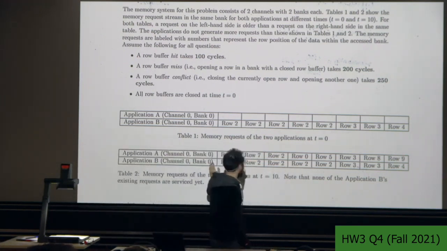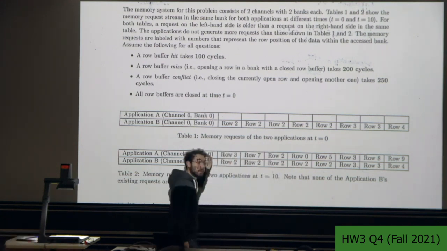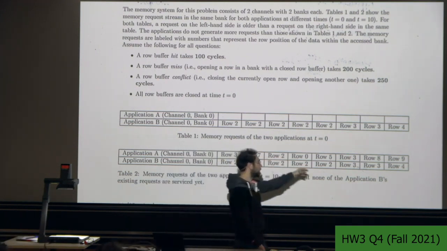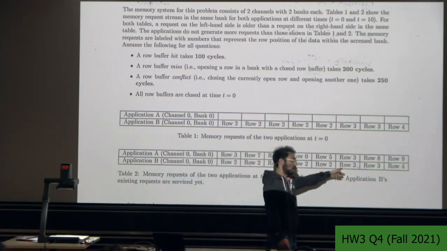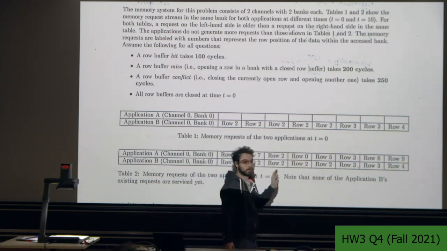We will execute this request in row 2, then 6 here, and then we do not blacklist application B because we execute a request from application A, right? So then we will open row 3.